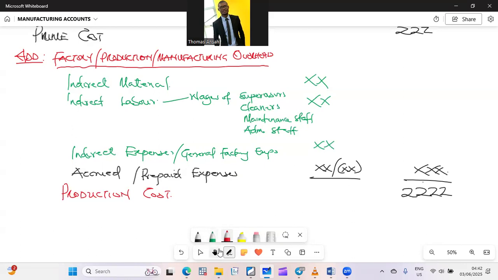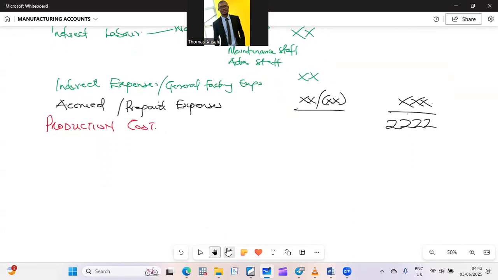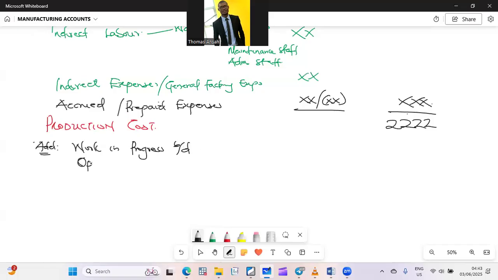So what do I mean? It means that when you get here, you will add work in progress brought down, right? Another way of calling it is opening WIP, work in progress.